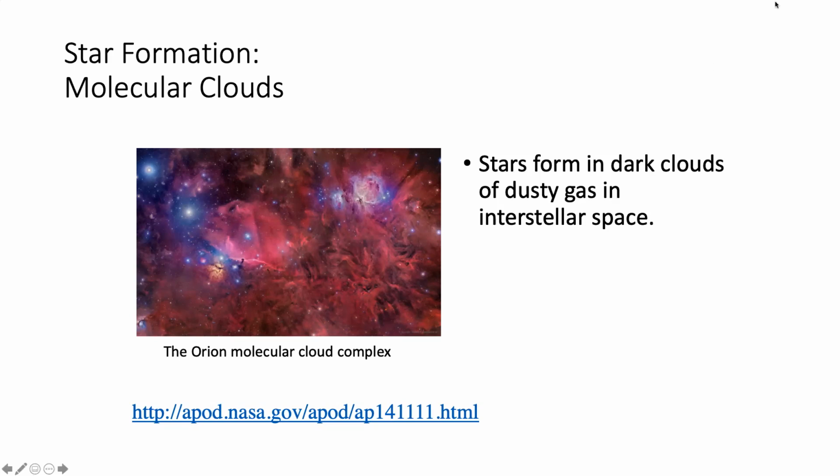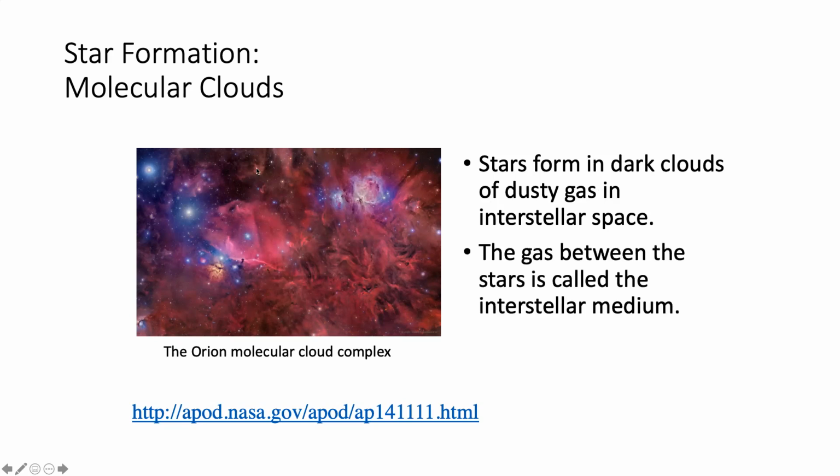And what happens is these bits of gas, which often we find between stars, right? This is called the interstellar medium, all of this red stuff. Right? These are our molecular clouds. Notice how they tend to be between stars.